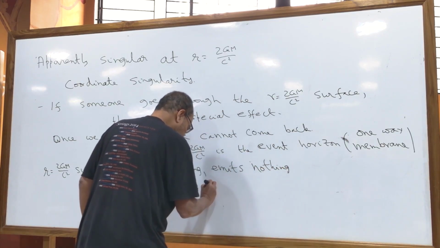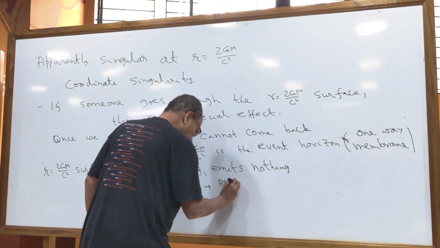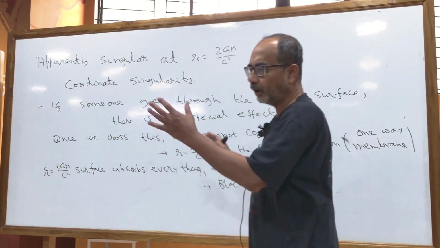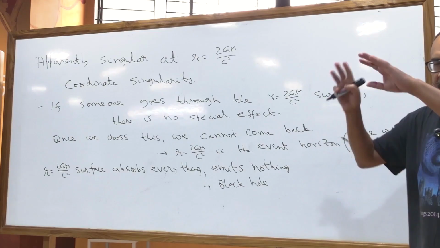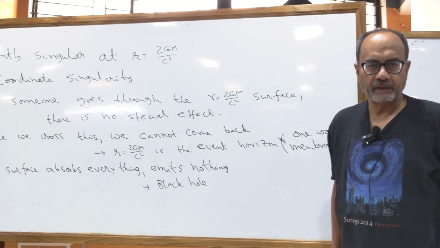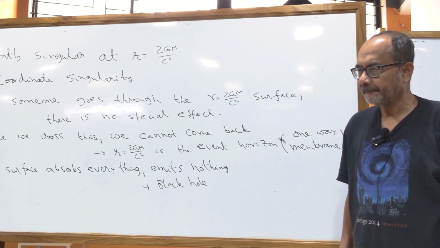And this is the reason this is called a black hole. If we look at this object, we'll see a black patch of sky over the r equal to 2GM over c squared surface.